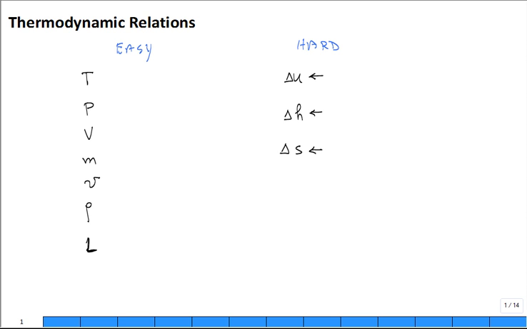And it's these relationships between properties that allow them to make measurements on some and infer the values of others. That's the whole chapter. How do you go about making measurements on some and inferring the value of other properties?